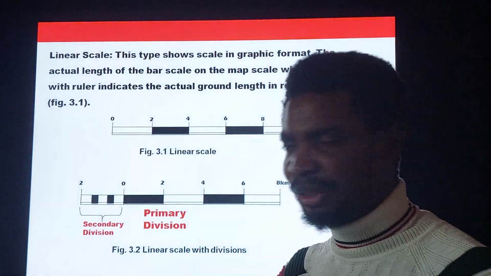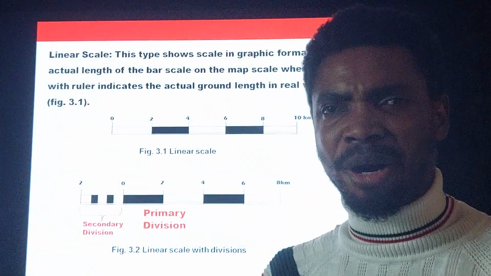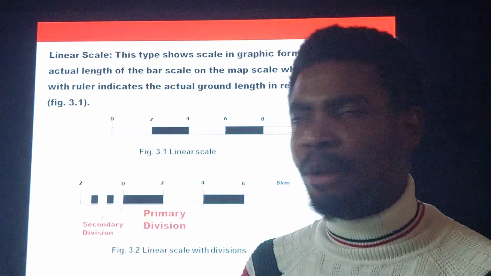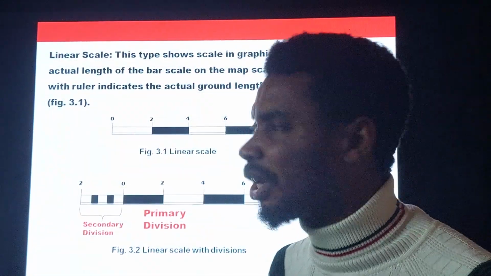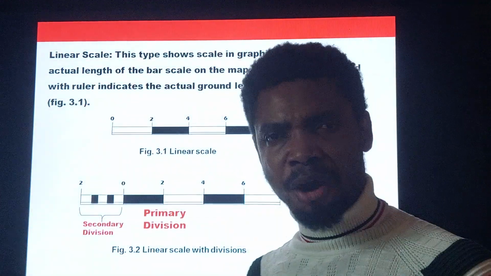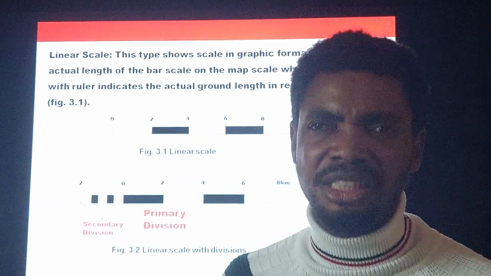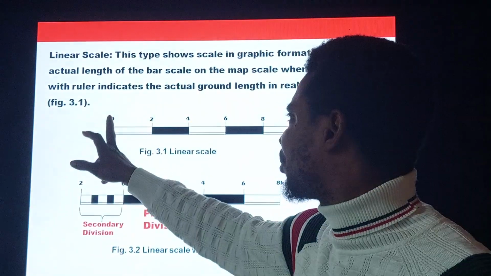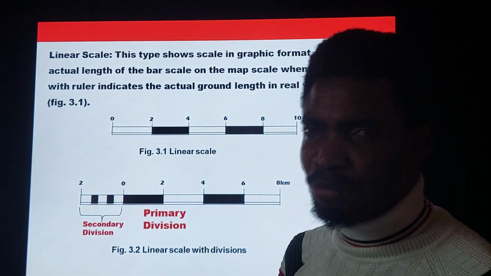For example, when you have a map and they give you this kind of scale, you get a ruler and measure from 0 to 2. How many centimeters? If it is 1 centimeter, it means that 1 centimeter from here is equal to 2 kilometers. It's as simple as that.